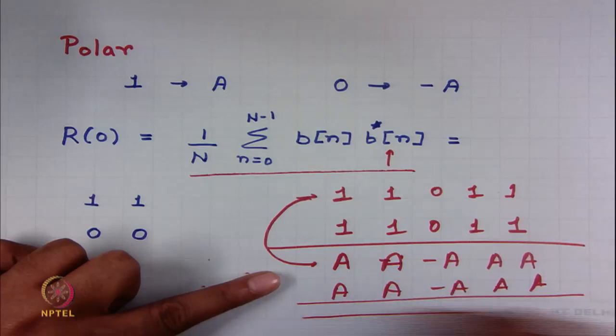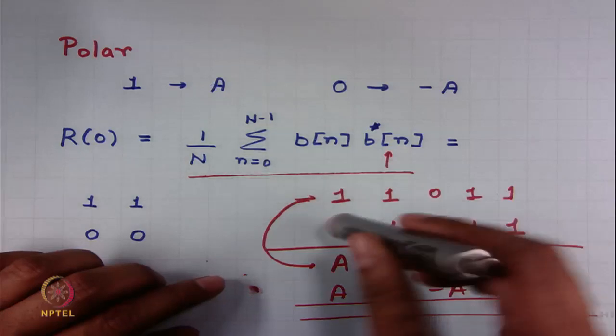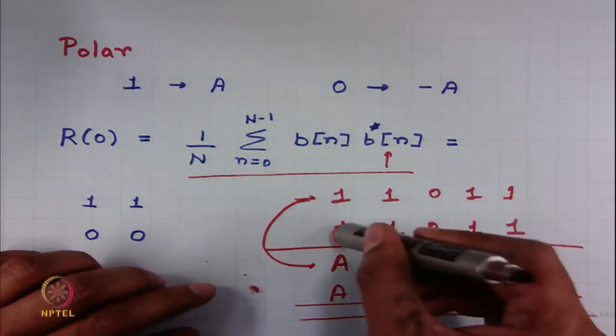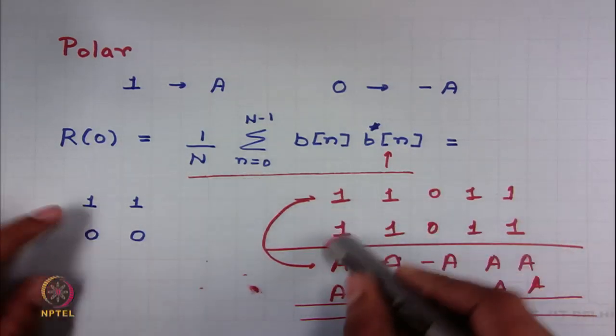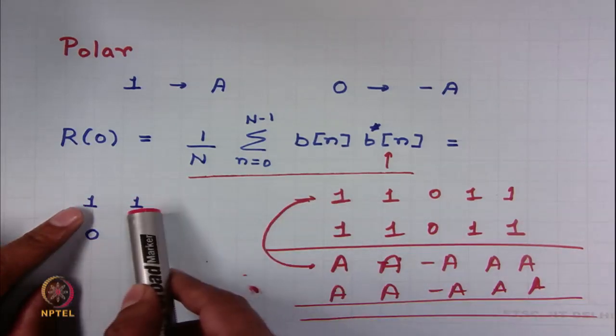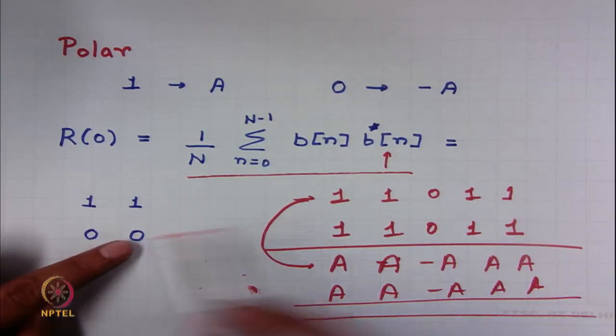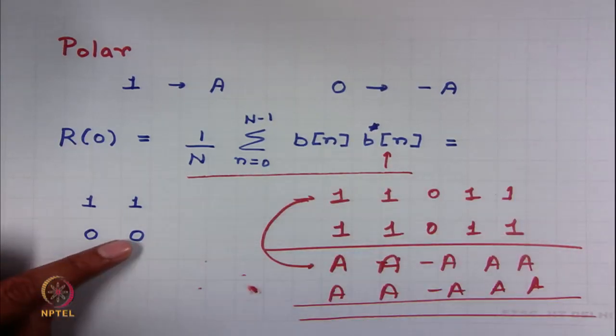You can see that if you have 1 here, here also you will have 1, and if you have 0 in this sequence, you also have 0, because these sequences are one and the same thing.